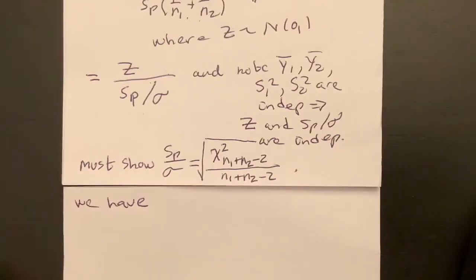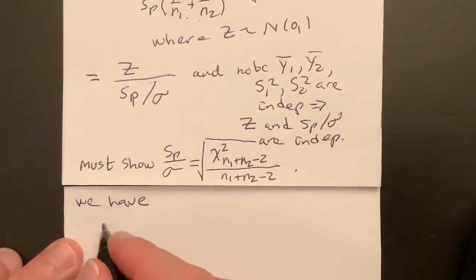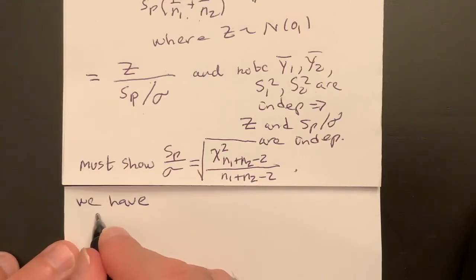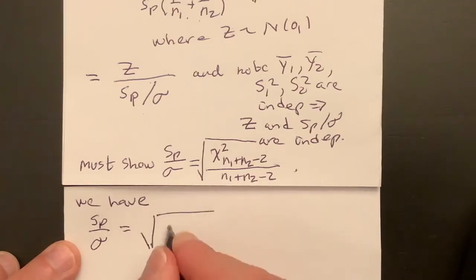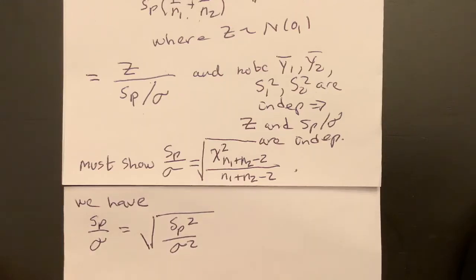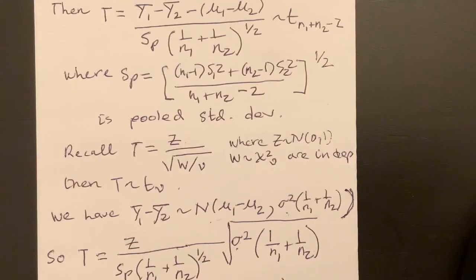Okay, so we have Sp over sigma is equal to the square root of Sp squared over sigma squared, which is equal to, Sp squared removes the 1/2 power, right? So I get this from the definition of Sp, which is there.